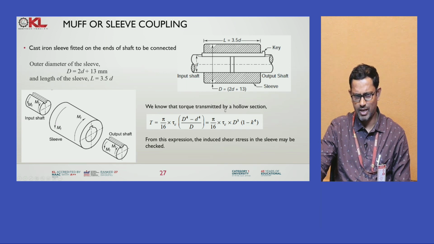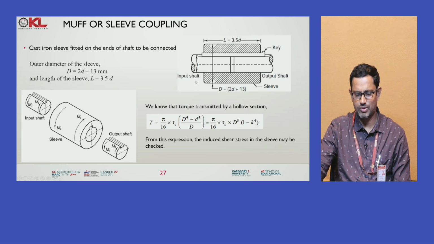So for a hollow section, because sleeves we generally treat as a hollow hub, using the standard equations, the twisting moment is equal to pi by 16 tau_c into (D^4 minus d^4) by D. Here tau_c indicates the shear stress for the coupling. So from this expression we can calculate the outer diameter of your coupling sleeve. Once you get the outer diameter, you can substitute here, you will get the small d.